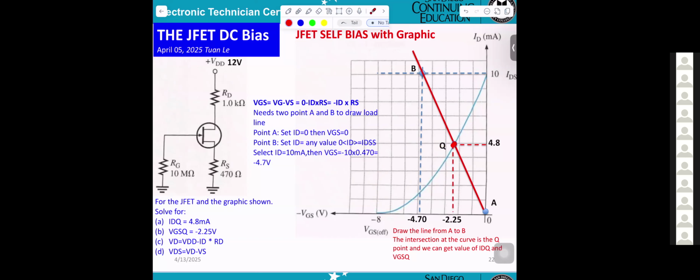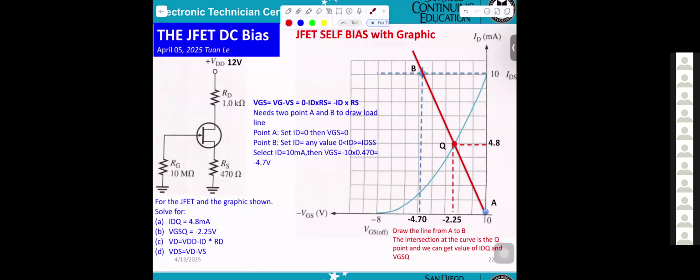Okay? Then you go to the right, you get ID. You go down, you get VGS. In order to get this point Q here, okay, you need to draw the line. When it intersects with the curve, that's the Q point.